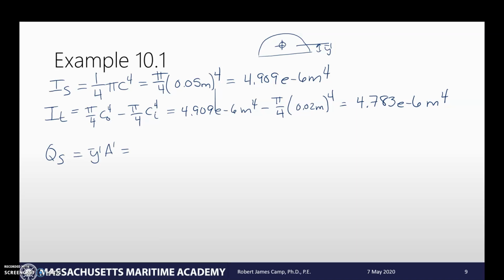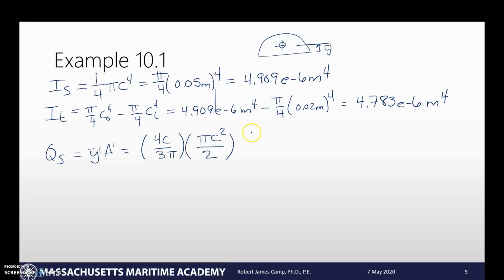So I looked that up in the book. And the book will tell me 4c over 3 pi. And then I have to multiply it by the area. So the area above the cut is going to be half the circle. And so we know areas are pi r squared, and we're using c for the r in this problem. And it's half the circle, so we'll just divide that by 2.